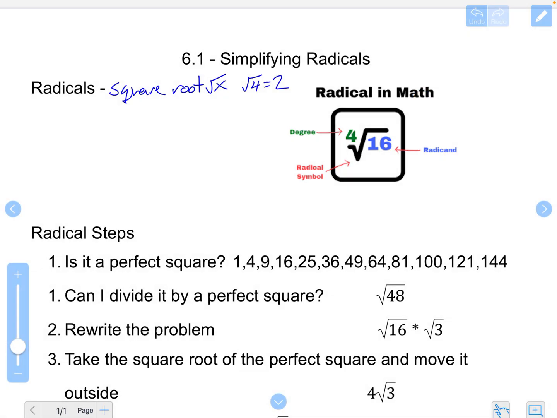So square roots are the opposite of squares. When we talk about squares, we're talking about numbers like 4 times 4 equals 4 squared. So square roots are the opposite operation of squares.